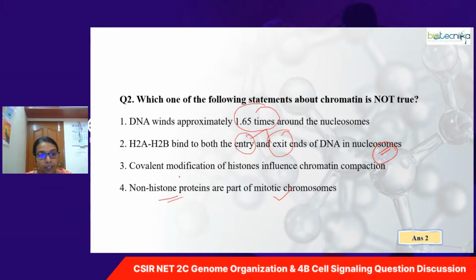Then we have covalent modification of histones influencing the compaction. Depending upon the modification of histones, whether it is methylation, phosphorylation, or acetylation, it is going to affect your chromatin formation, right? Absolutely correct, Vanishri and Anjali.